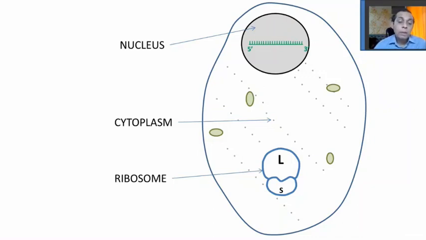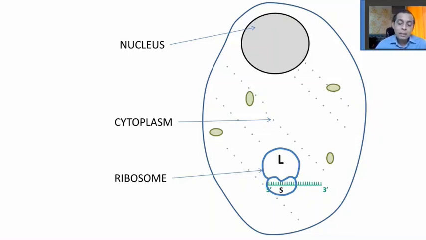Here I have labeled one ribosome, which consists of two parts: L for larger subunit and S for smaller subunit. The mRNA is supposed to travel from the nucleus to the cytoplasm, to the ribosome, for the process of translation.